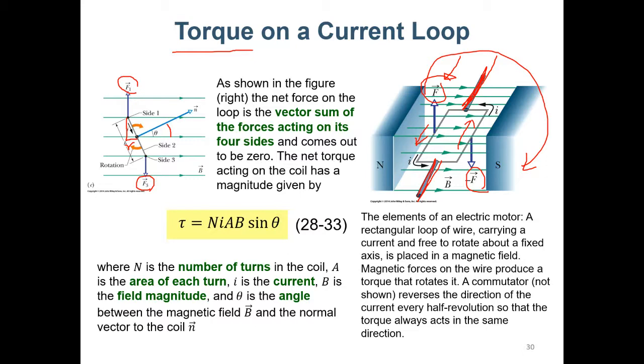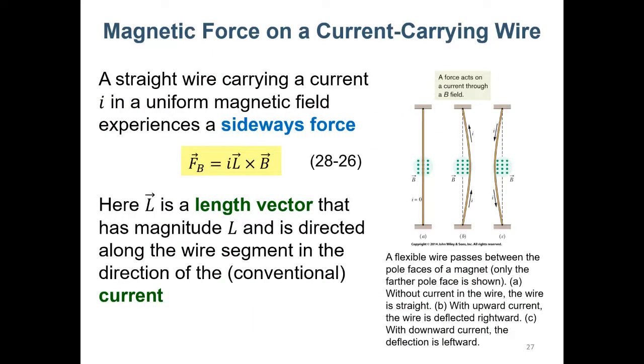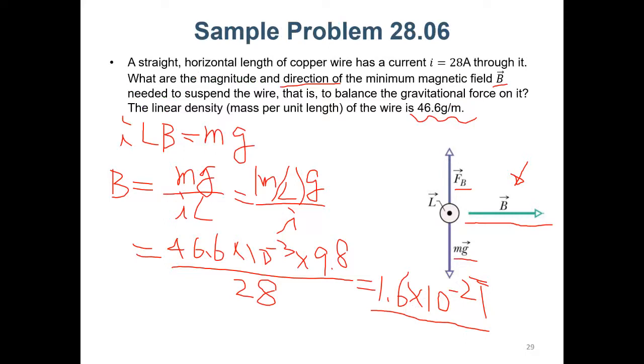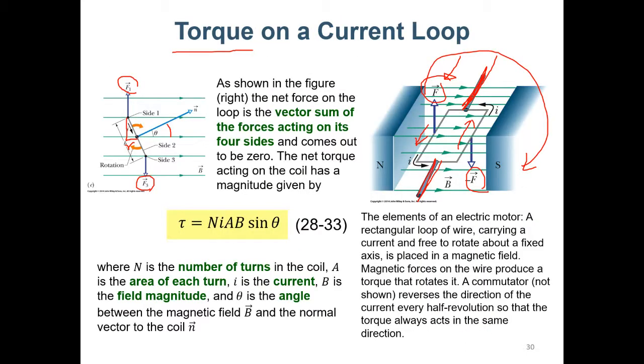Well, so we know that FB is IL cross B. And actually, this wire is perpendicular to the magnetic field. So F1 should be ILB. And also F3 is also ILB.